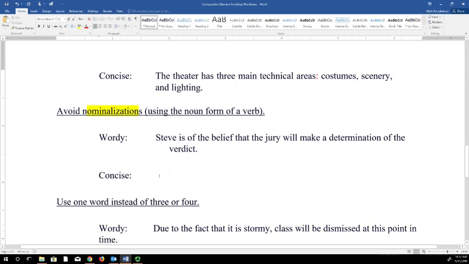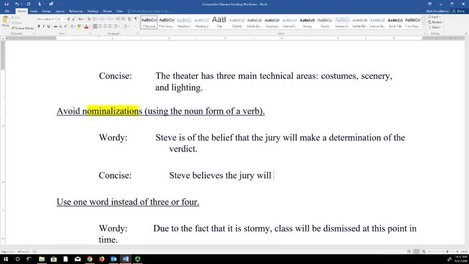P.U. This sentence stinks. Steve what? Not Steve is of the belief, but Steve believes the jury will determine the verdict.